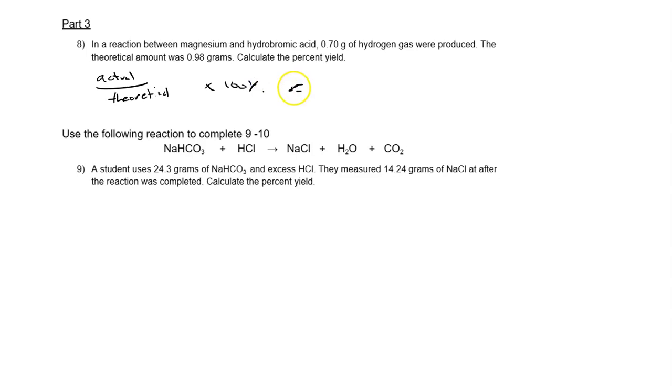Okay, so we were produced. That's how much we actually got. So I'm going to go 0.70 grams H2 divided by what we ought to have gotten if everything went perfectly, 0.98 grams H2. So what percentage of the 0.98 we should have gotten is 0.70.